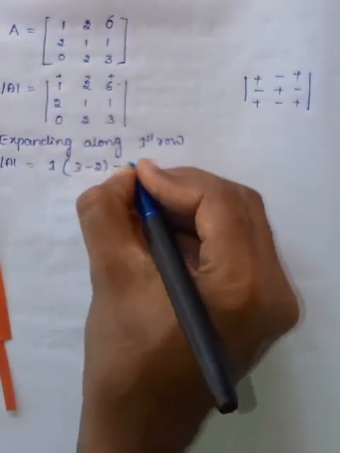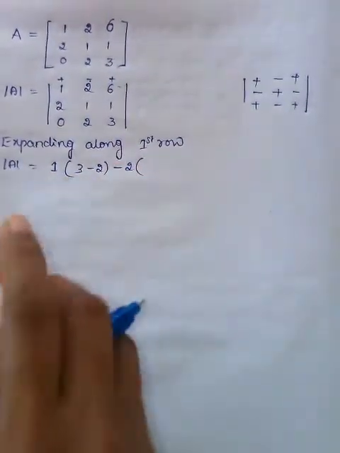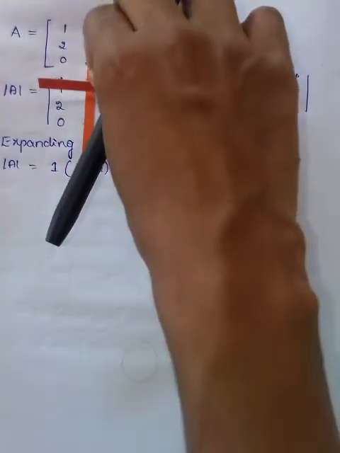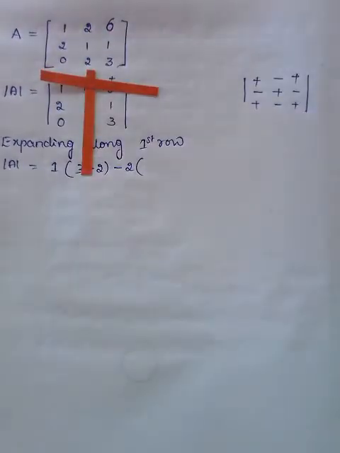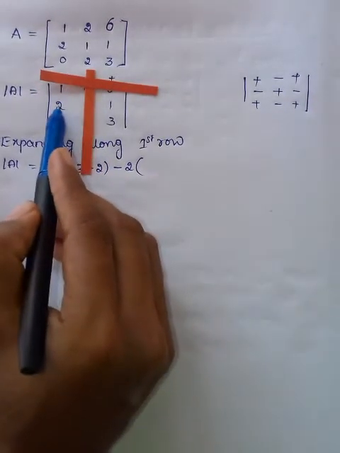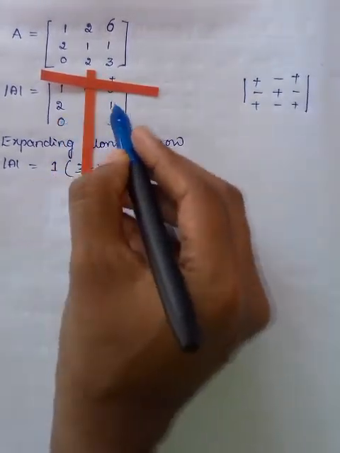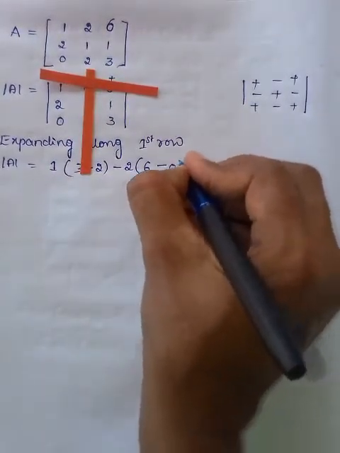Then the sign is minus, 2 into, leave this column and this row, again a second order determinant: 2 into 3 6 minus 0 into 1 0.